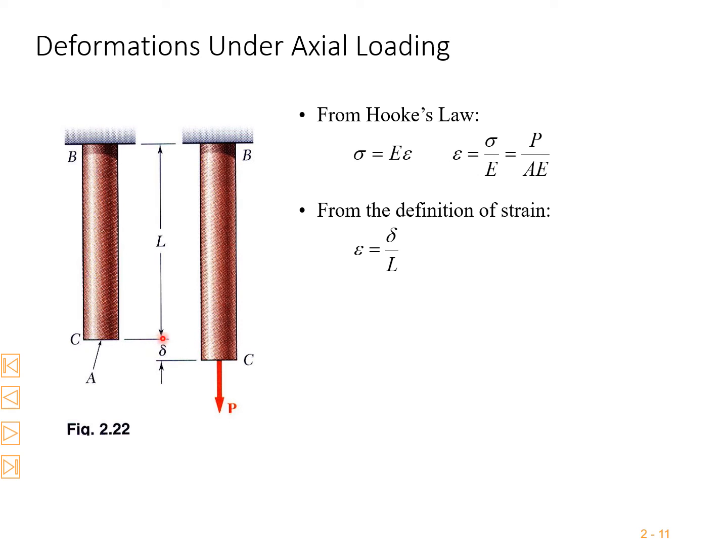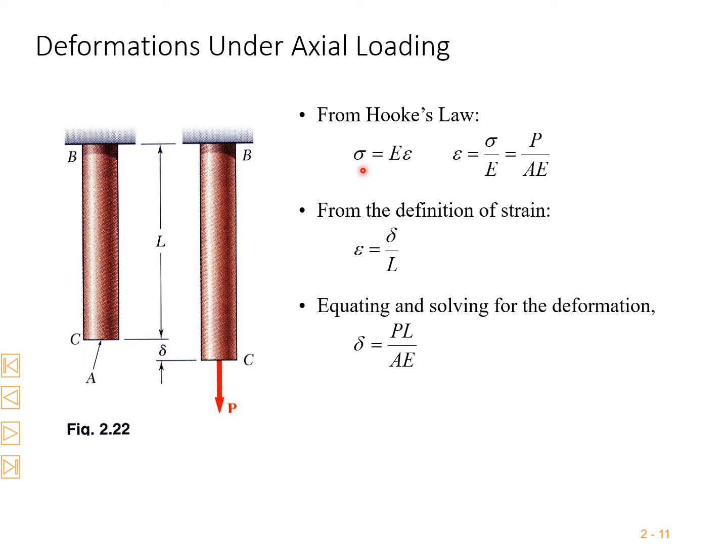It's change in length divided by original length, delta divided by L. Equating and solving, we can get the deformation value. If we equate P by AE and delta by L, we get PL by AE. That's the value for deformation.